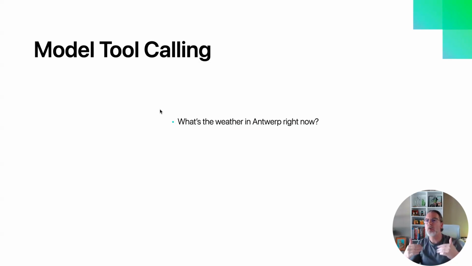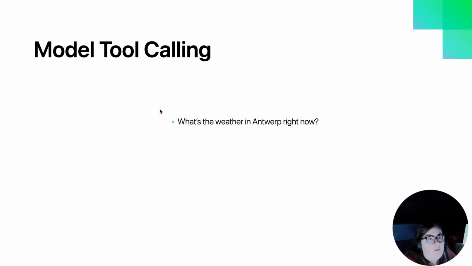And then the model will be smart enough, from that context, that word guessing that we were talking about yesterday, to say, I detect in this sequence of words that you give me that Antwerp is a city, and you're asking about the weather. I'll go call this weather API and ask it about the weather in Antwerp. And then from that response, which now gets added to that context that the model is aware of, it can then guess what the answer should be. Make sense? That makes perfect sense.